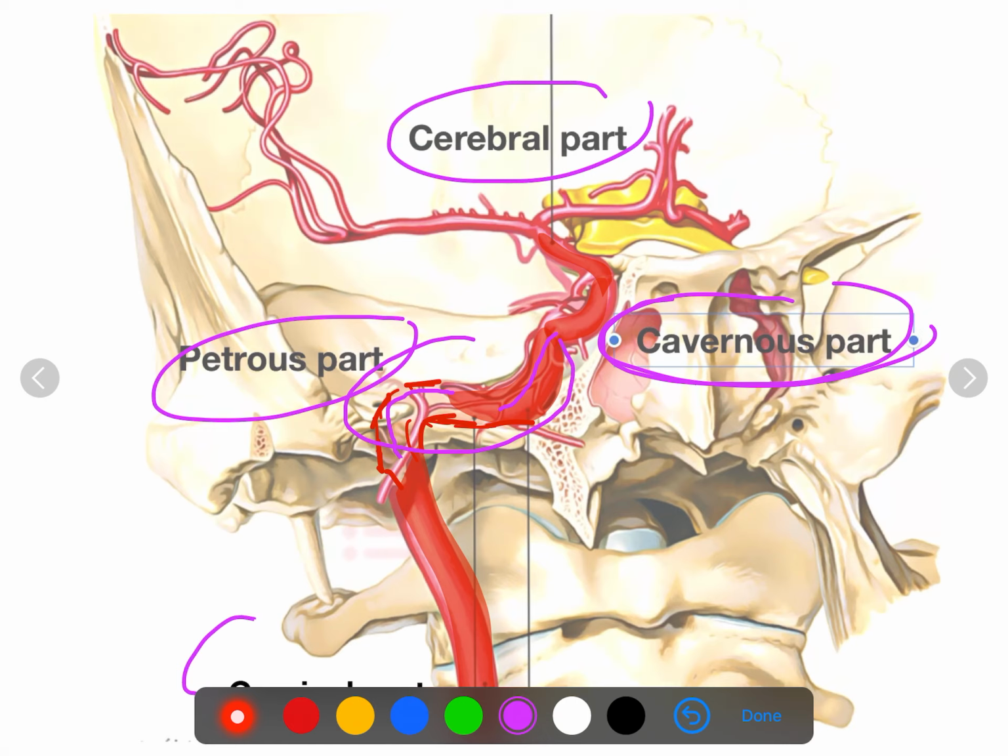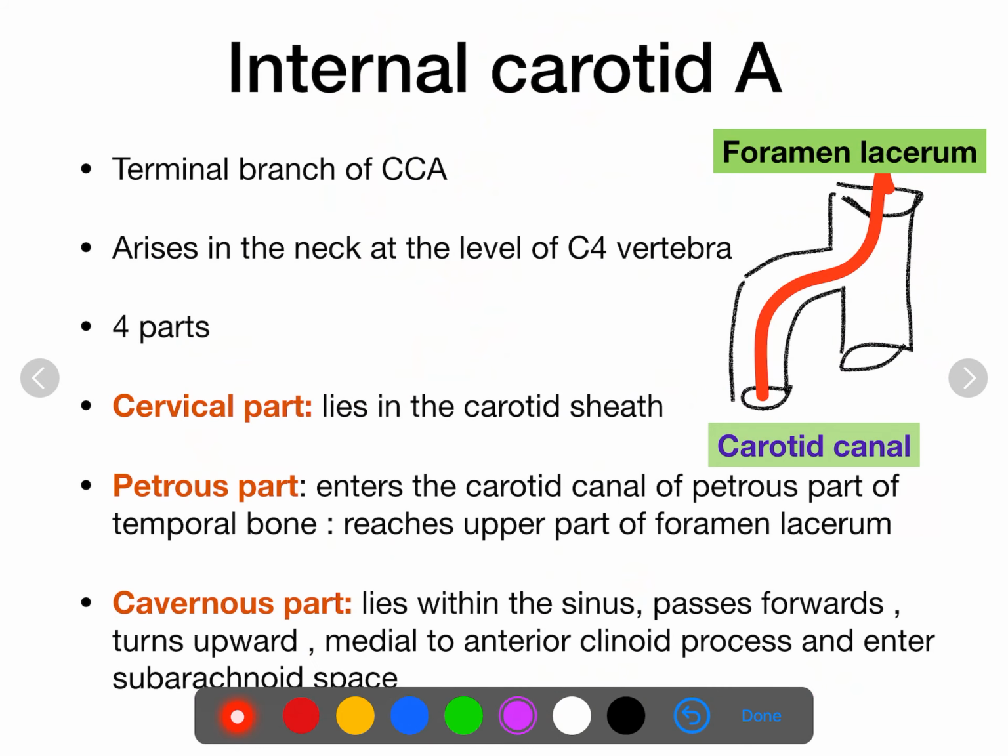At the anterior end of the cavernous sinus it passes upwards and comes out medial to the anterior clinoid process, and from there it passes backwards and upwards again, and then it divides into its terminal branches. So that is the cerebral part of the internal carotid artery. So it has four parts: cervical part, petrous part, cavernous part and cerebral part.